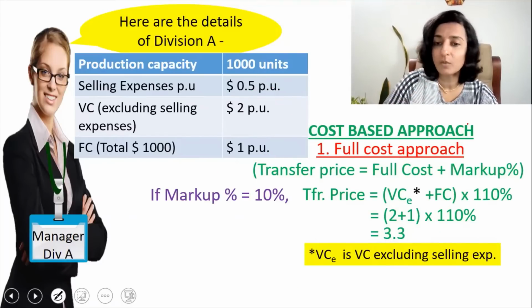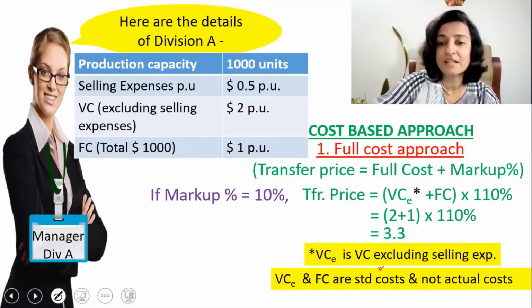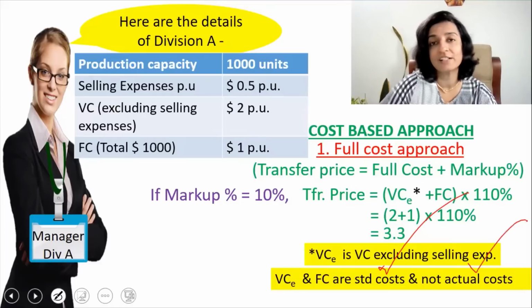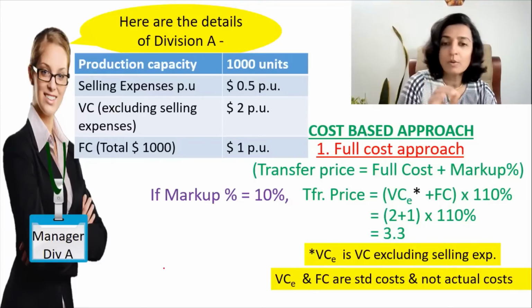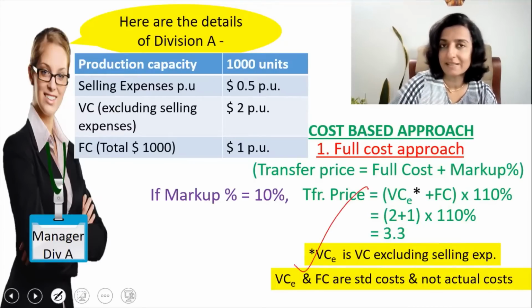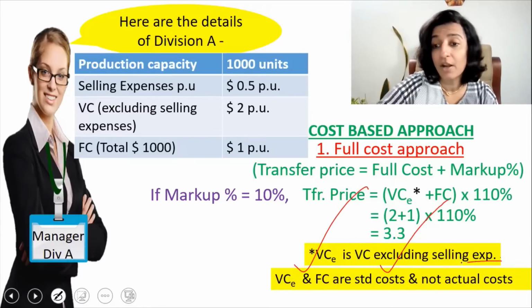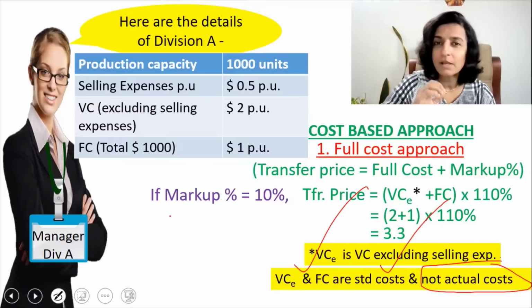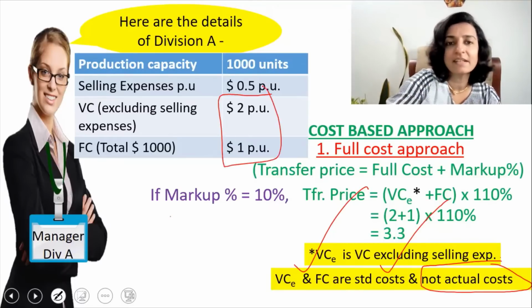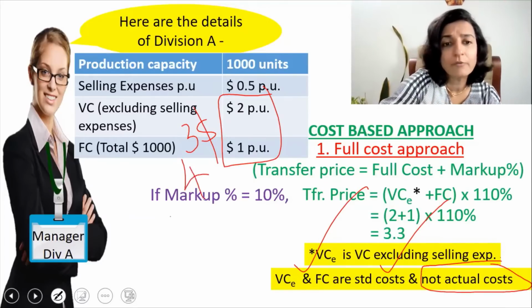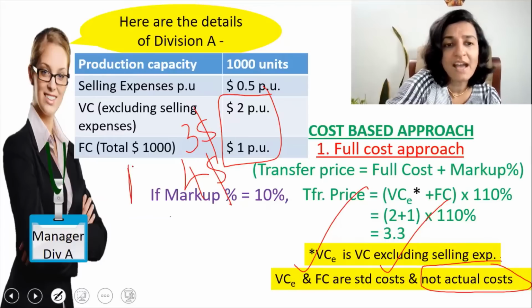Now, in this case, the variable cost and the fixed cost are the standard costs which are taken and not the actual cost. Why is that so? Whenever we are taking the variable cost and the fixed cost, it is the standard cost which is to be taken and not the actual cost. Because if the standard cost is, say, $3, and Jane is very careless and she spends, say, $4, so the actual cost works out to $4.